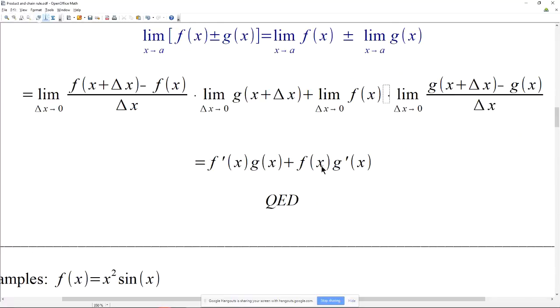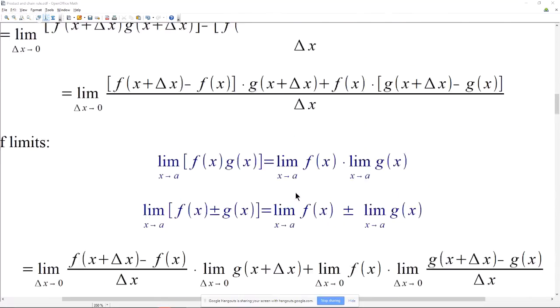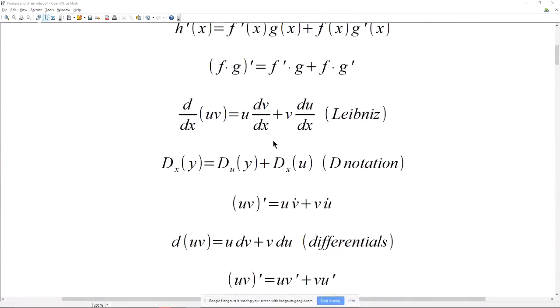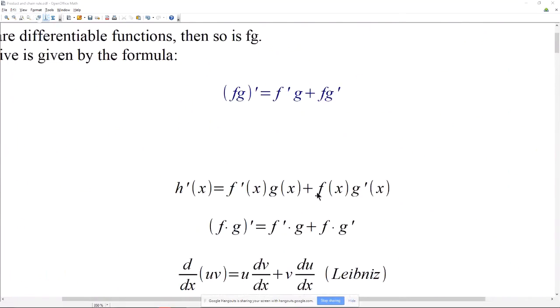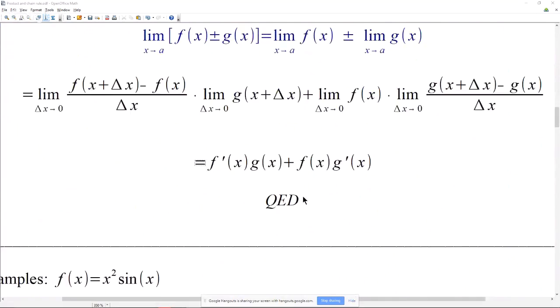So does this equation, f prime of x, the h of x, what we're trying to solve here, does that not look like the very first equation here? Yes. Because these are the same thing. So h prime of x. I guess I could have thrown this in here.